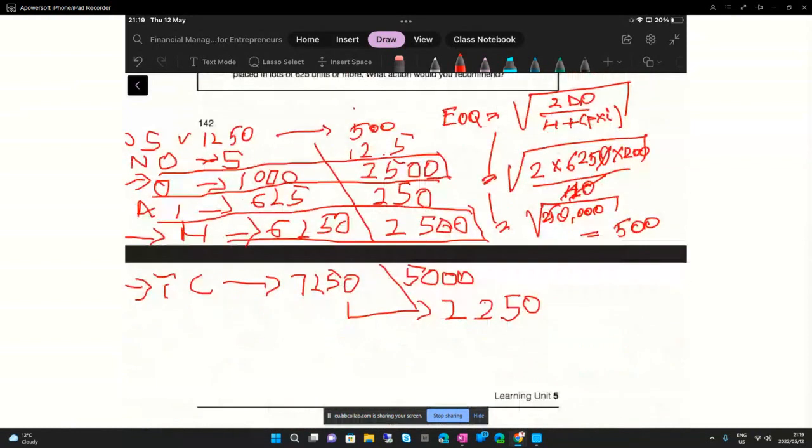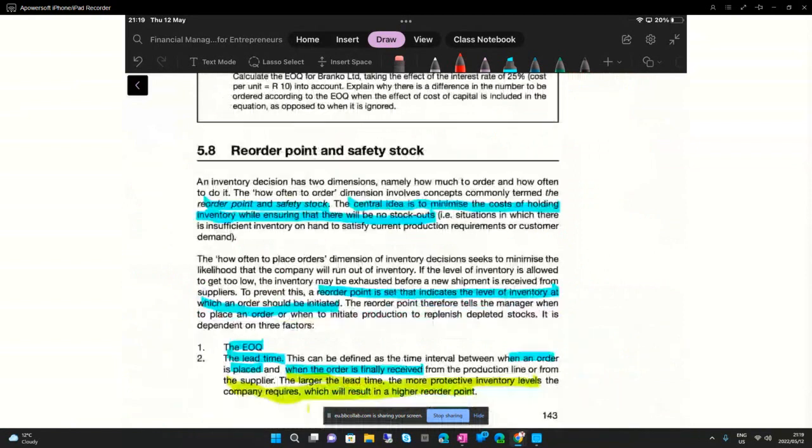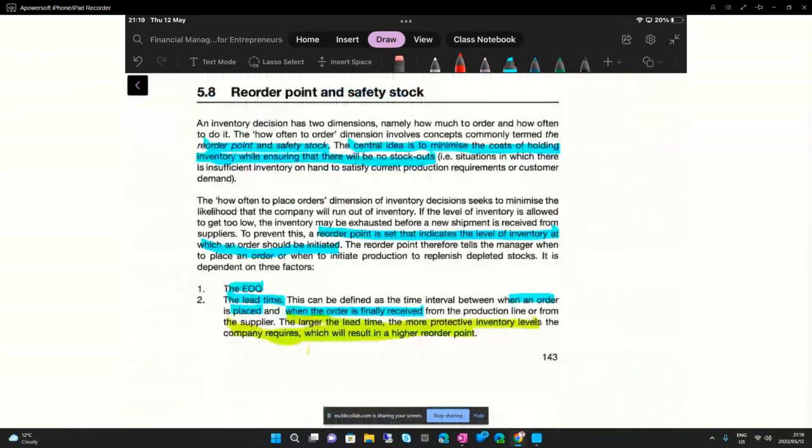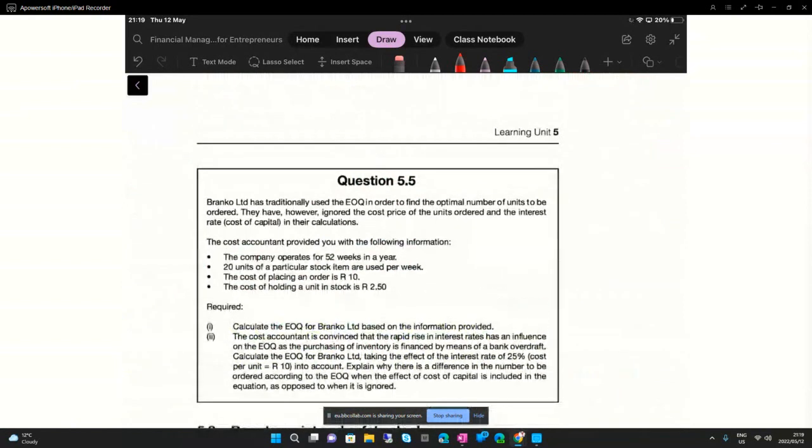This is quite an interesting topic that I will leave you to read, and I will provide some of these notes. Hopefully you find them useful, and I cannot wait to engage with you on this chapter.